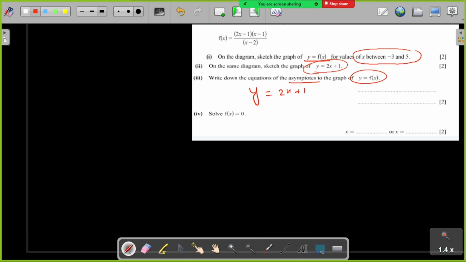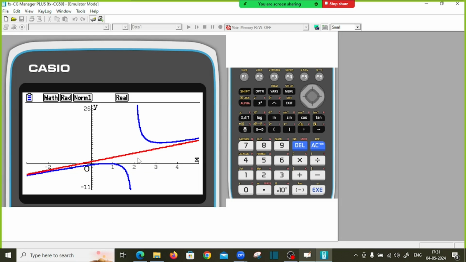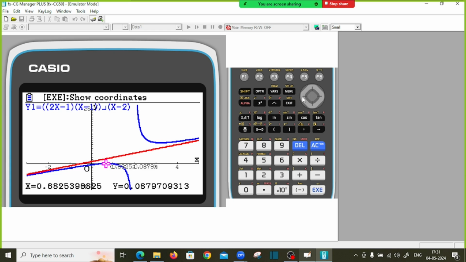How can we say that? For this we can justify it by a trace button, right? If we move along this curve, you can check that it is moving parallelly.